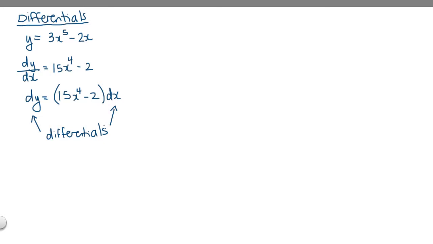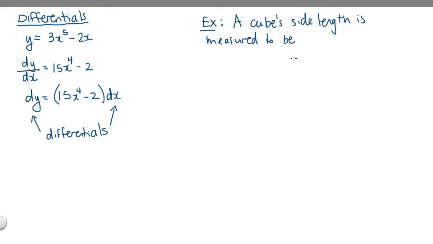Differentials are really useful when we're looking at error. So let's try a little problem involving differentials. Let's say we look at a cube and we measure its side length. Okay, so this particular cube side length is measured to be 3.000 centimeters.